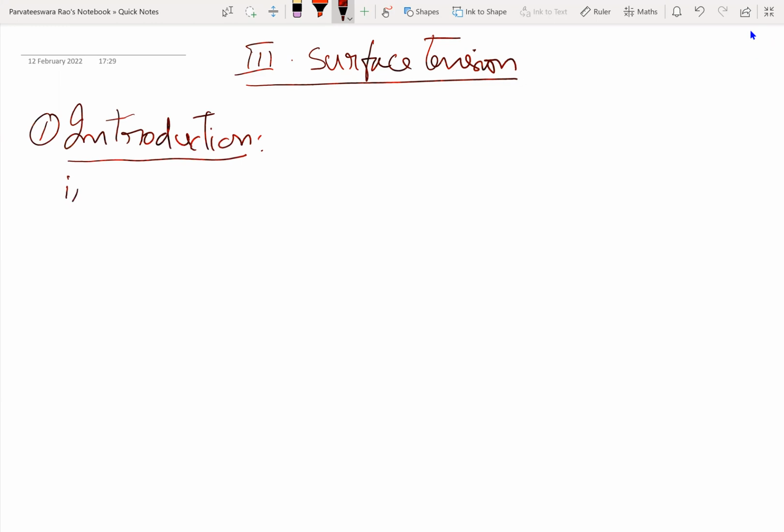First one, mosquitoes can breed and walk on the stagnant water surface.